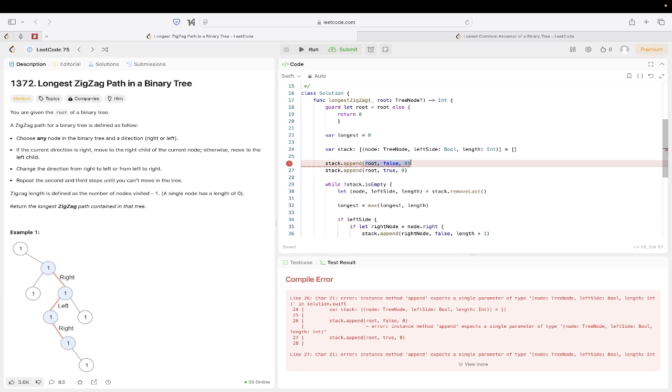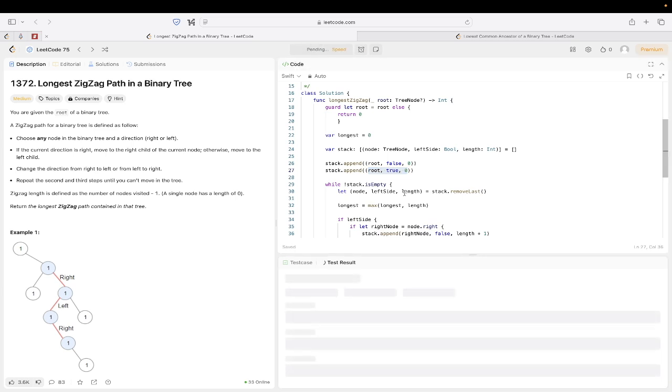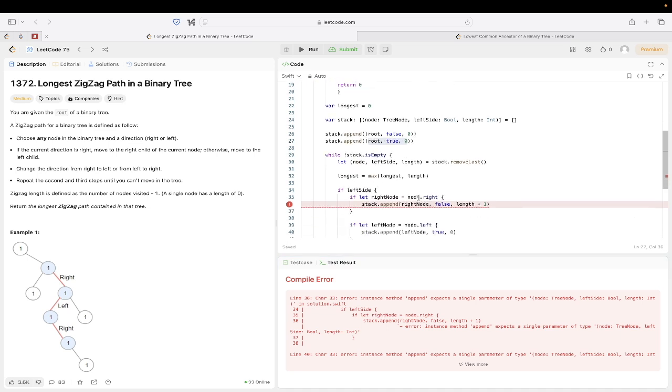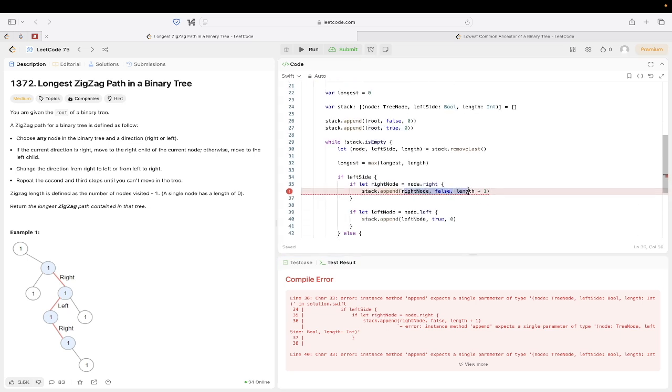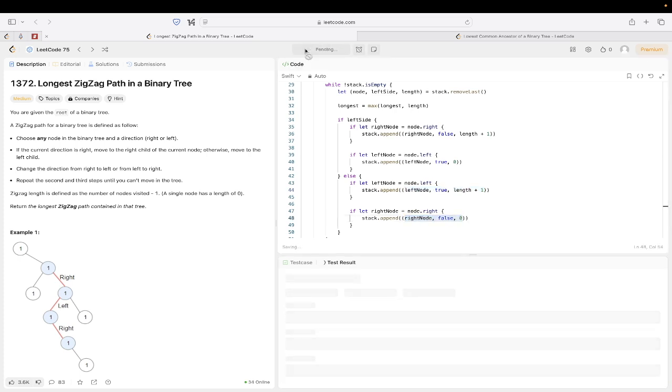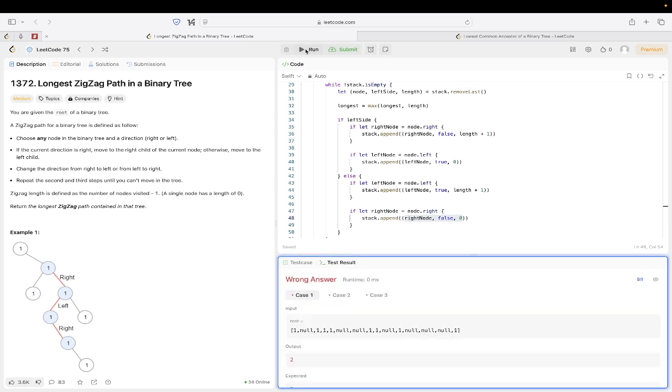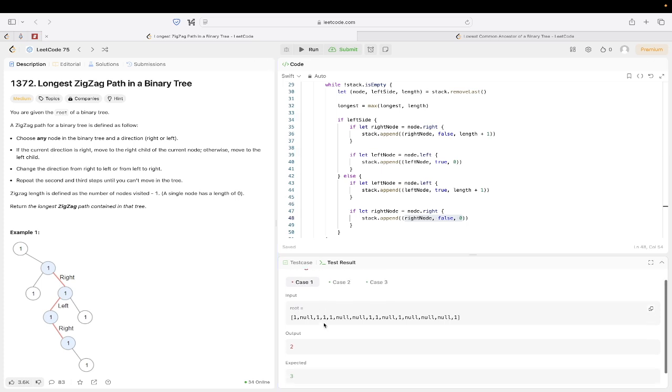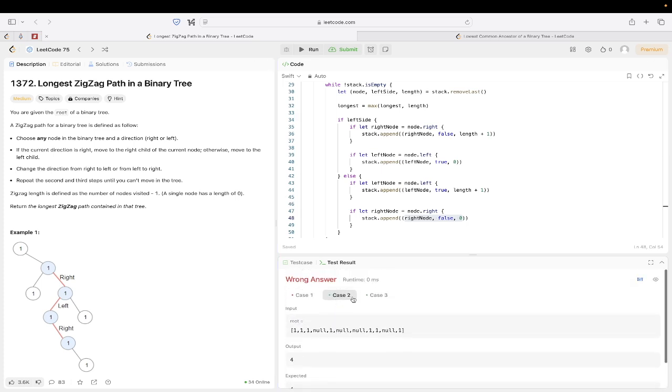Okay, I need to put these into the right order. Wrong answer. So wait, why is this one wrong?